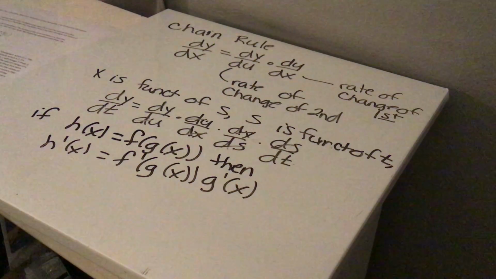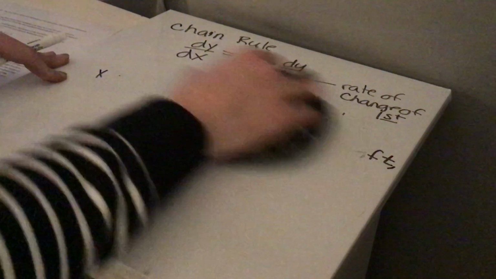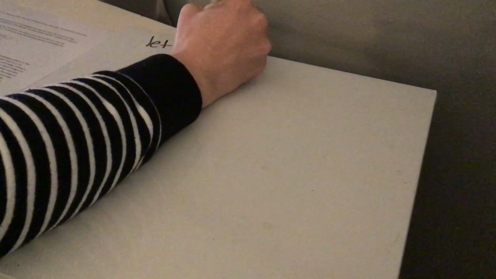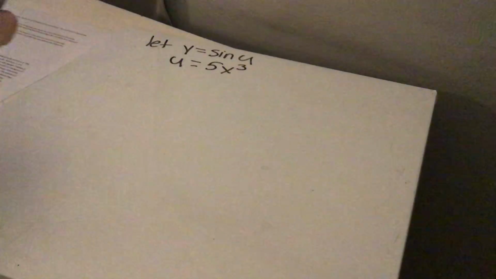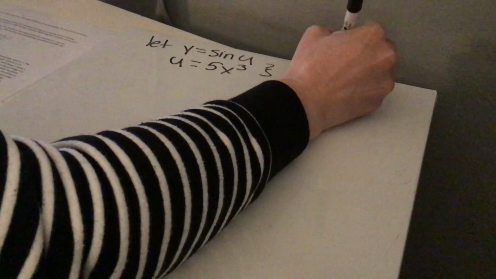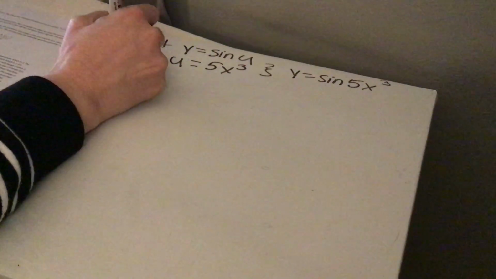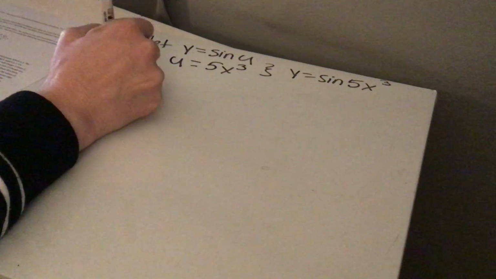All right, so let's see how we are going to actually use the chain rule rather than all of these letters. We're going to let y equal the sine of u, and u equal 5x cubed. So if we put them together, y equals the sine of 5x cubed, and we want to find dy/dx.